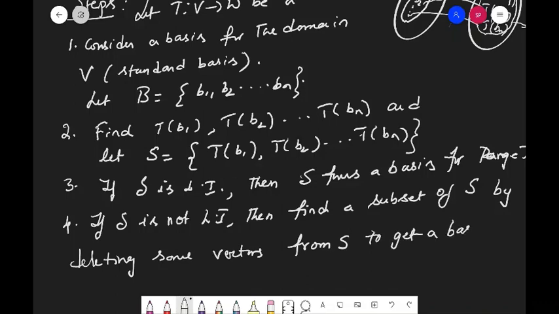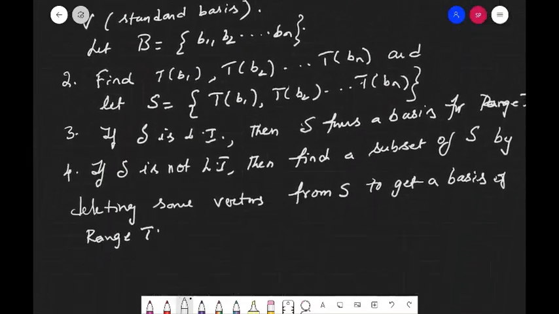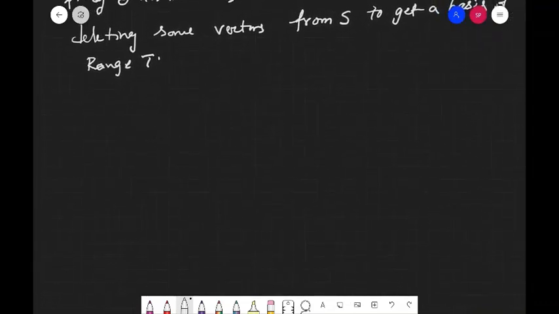This procedure we did earlier in the previous topics. When a spanning set is not linearly independent, you can delete vectors to make it linearly independent and get a basis. That is the basis for the range of T. This is the procedure to find a basis for the range, or you can say describing the range. Now let us work out a problem example on this.